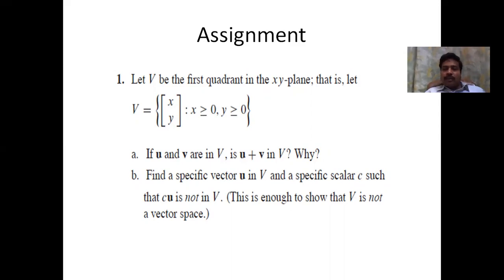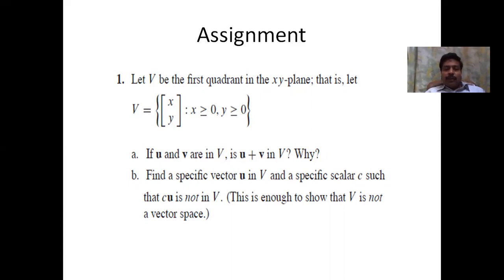So the resultant vector is also in the first quadrant. So the answer for part A is yes, since all the x, y are positive.